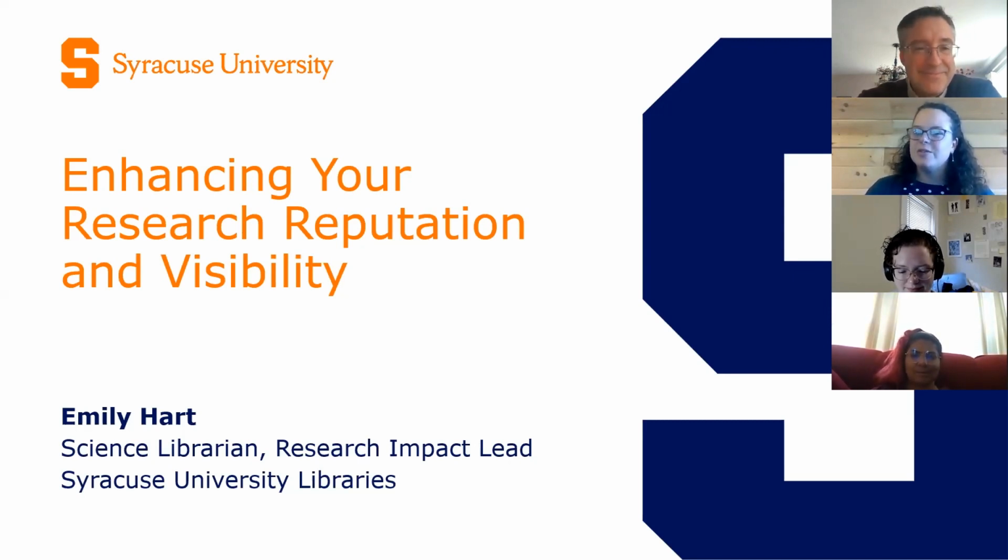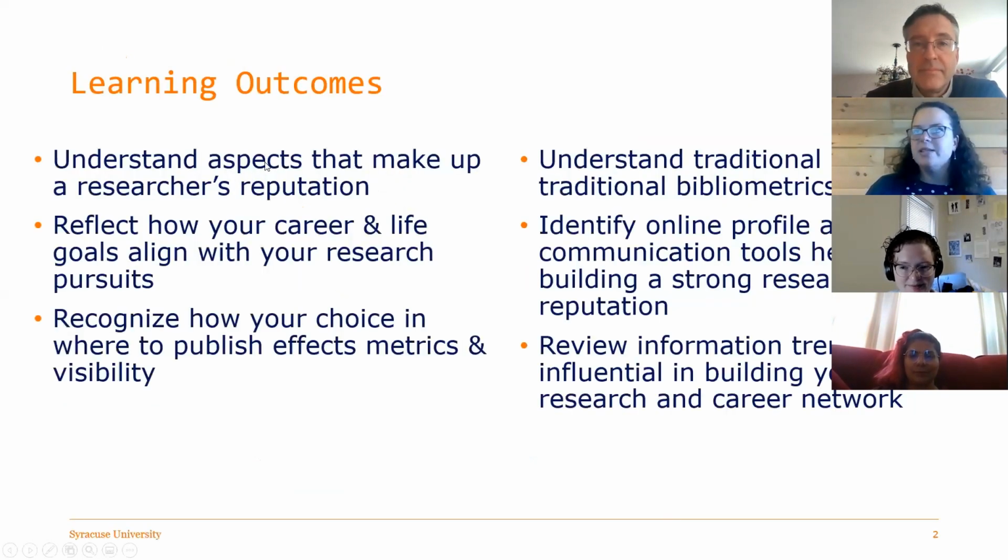Okay, so the title of the presentation is Enhancing Your Research Reputation and Visibility. Some of the learning outcomes, I'm just going to read these quick. Understand aspects that make up a researcher's reputation. Reflect how your career and life goals align with your research pursuits.